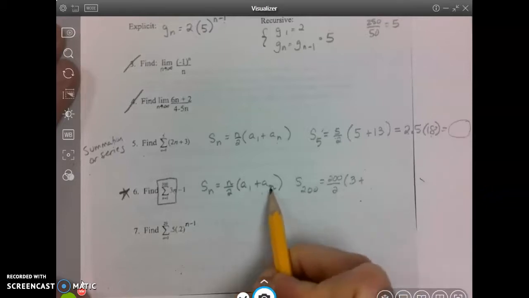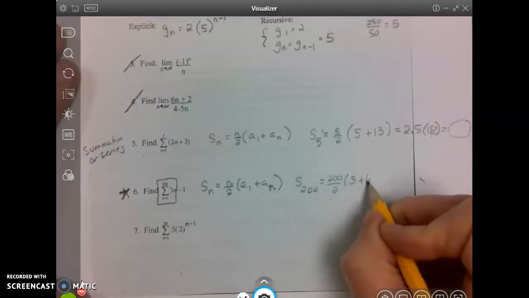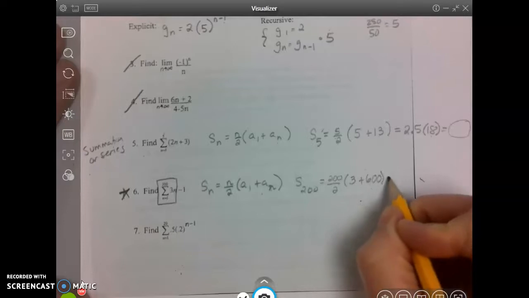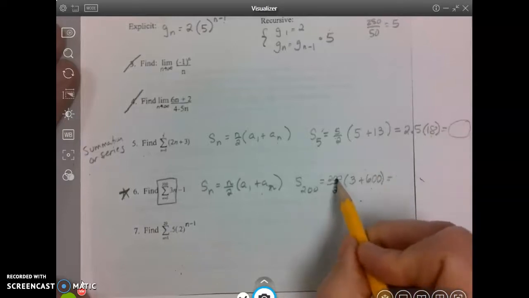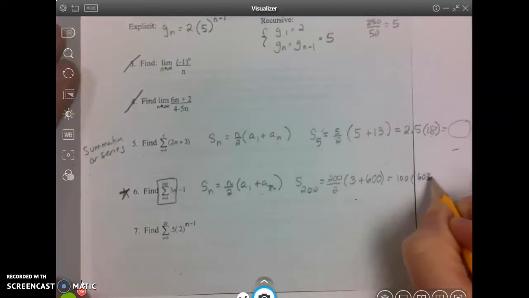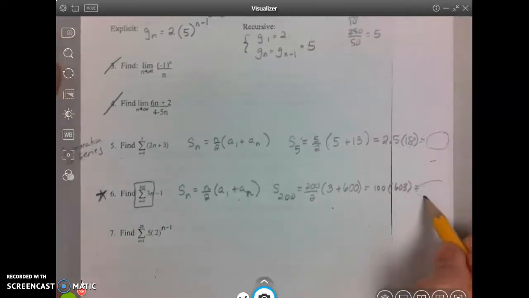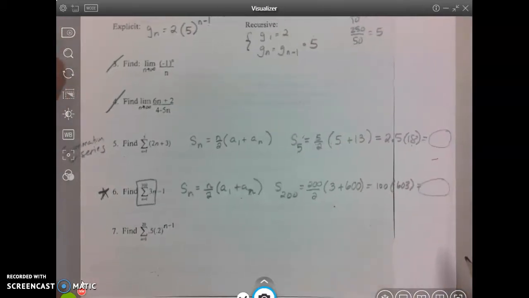The nth term would be the 200th term, so 3 times 200 is 600. So 200 divided by 2 is 100 times 603. I can put that in my calculator if I need to and get my final answer.